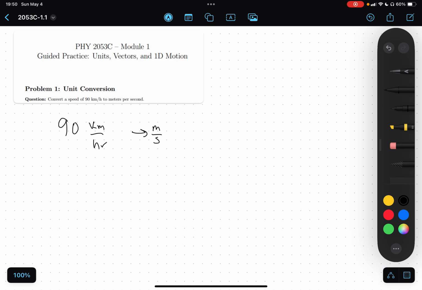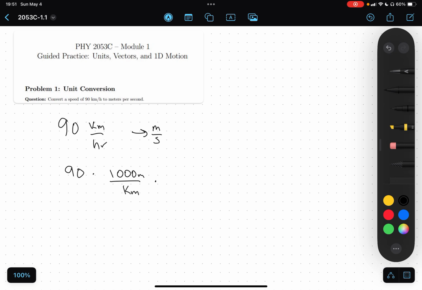Right, so some different things that we know. Looking at kilometers, we're going to be multiplying this by the number of meters in a kilometer. So we know there's 1,000 meters in a kilometer. This kilo means 1,000, so 1,000 meters.